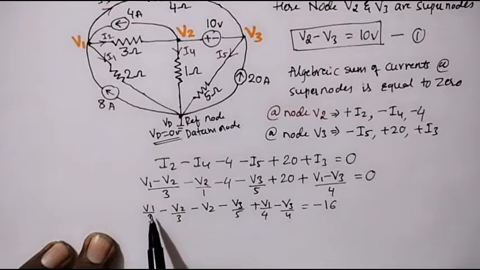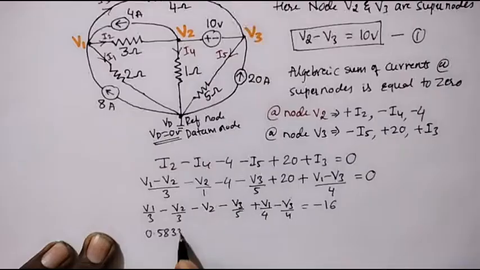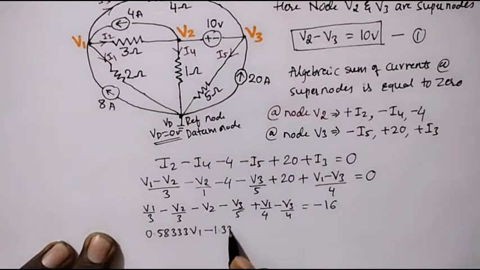I will simplify further. Here V1 by 3 and V1 by 4 will be added up, that is 1 by 3 plus 1 by 4, it gives 0.58333 V1. V2 by 3 and minus V2, that is 1 by 3 minus 1, gives minus 1.333 V2.